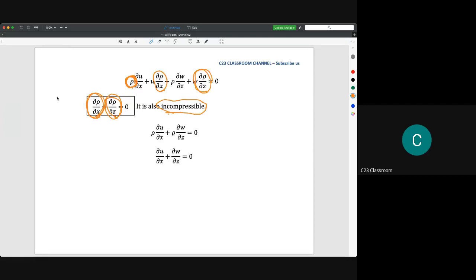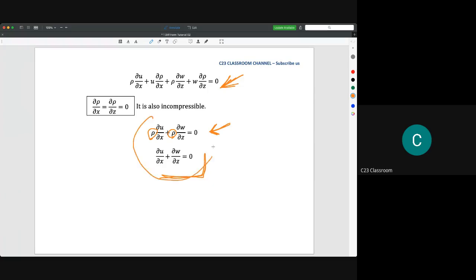And then we could simplify this term after neglecting the zero values of d rho dz and d rho dx, and our incompressible continuity equation will become like this. Then we could bring the rho to the right hand side, so we have this term.